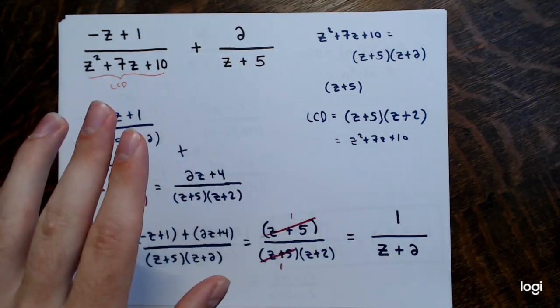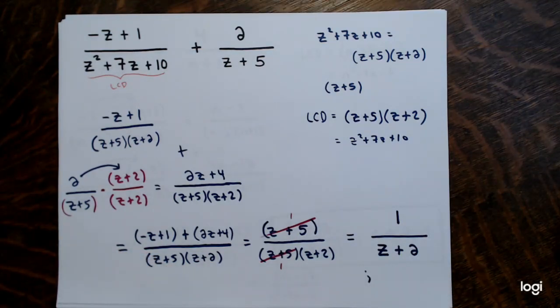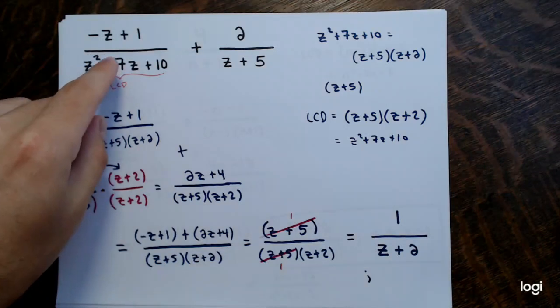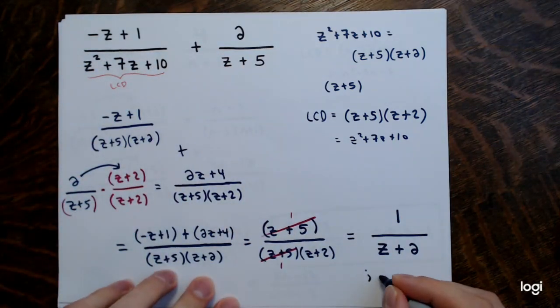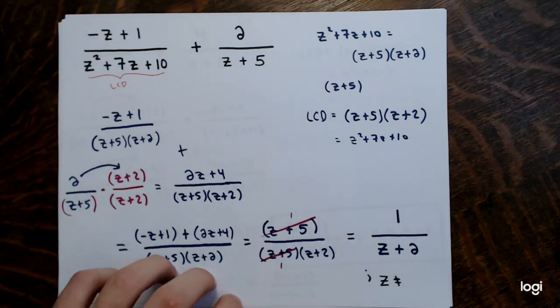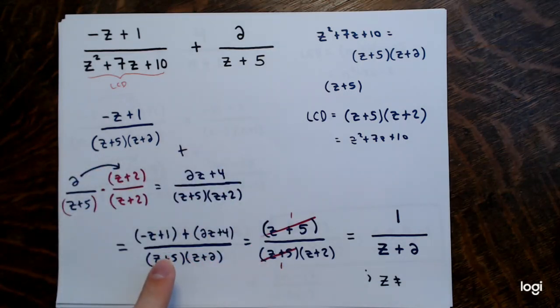For anything you plug in for z, with a few exceptions though. Right? Remember, throughout the entire problem, denominators cannot be 0. So yes, this fraction plus this fraction will be equal to this fraction, but z cannot be equal to, let's see, there were factors of z plus 5 showing up in denominators, right?